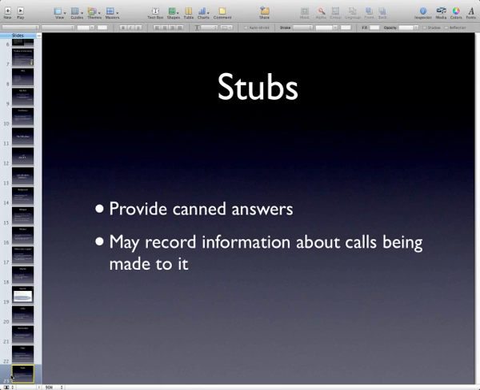It may also record information about the calls being made into it, so you can go and ask, well, what did it call you with? For instance, if you have a subsystem that your unit is calling into, it might record the information passed along on the method calls, like parameters, and just record them so you can go and ask what was being sent into it.